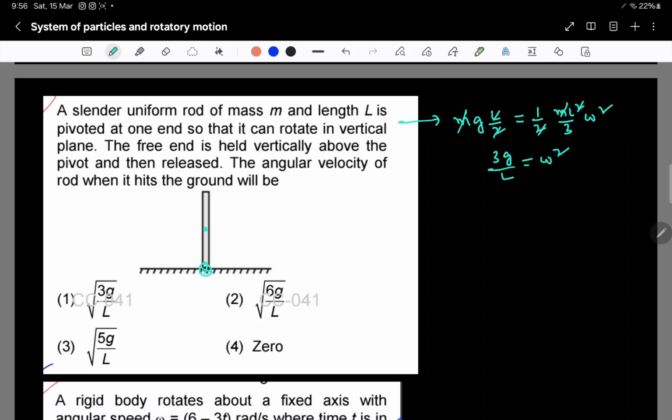Omega equals under root of 3g by L. So the angular velocity is under root of 3g by L, given in the first option. So mg L by 2 equals half, for a rod about one end ml square by 3, half I omega square. Clear, students? So option 1 is correct.